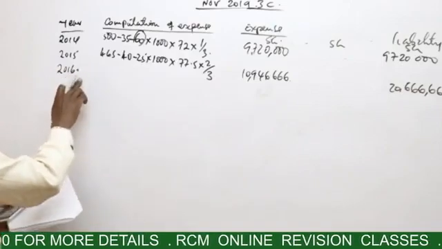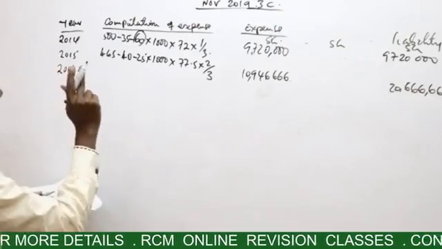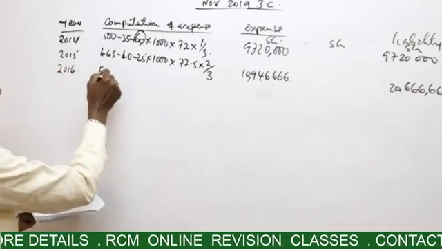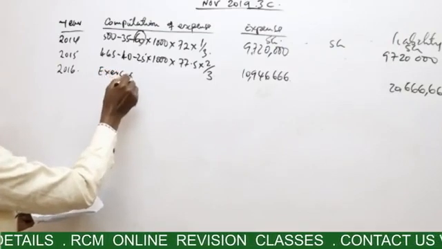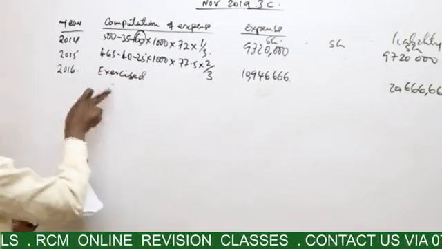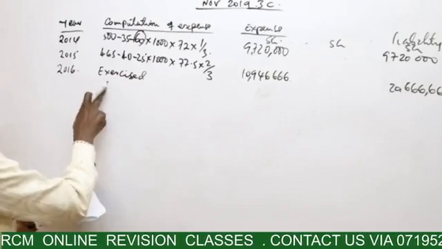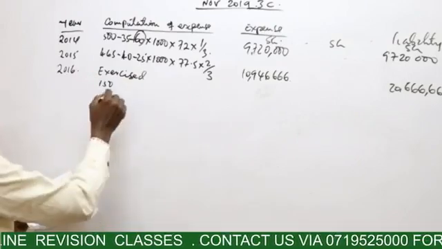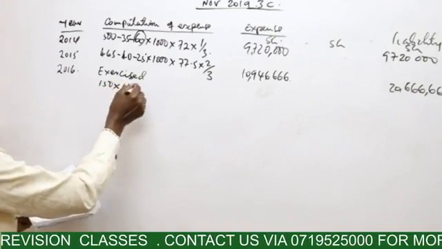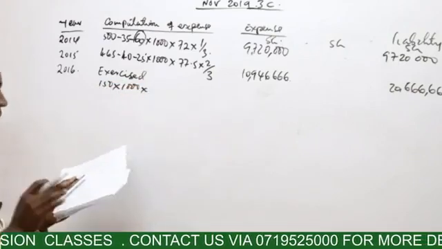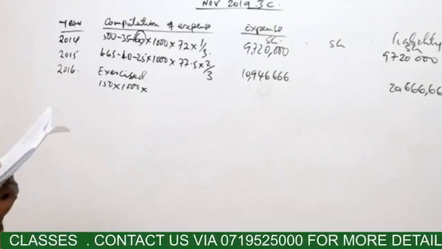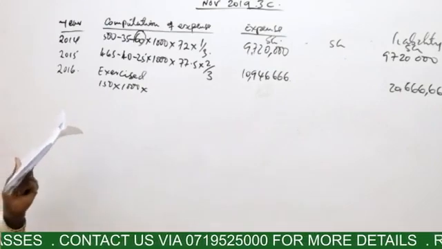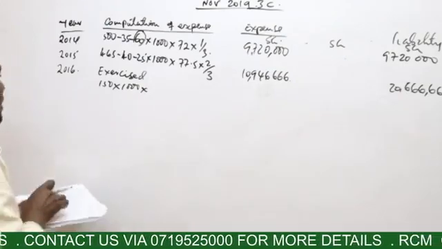Therefore, in 2016 here, we have two things. We have those who exercised and those who did not exercise. Those who exercised are 150. They exercised their rights, times the options, times the price in 2016, that is 91.